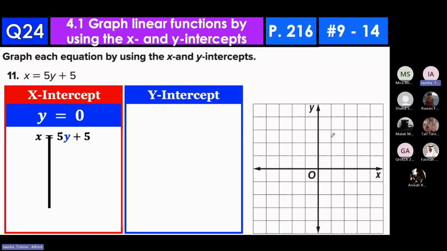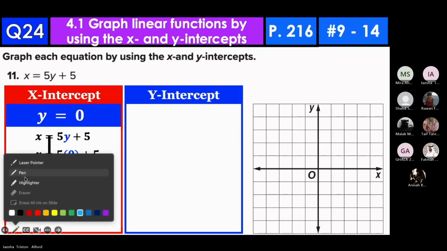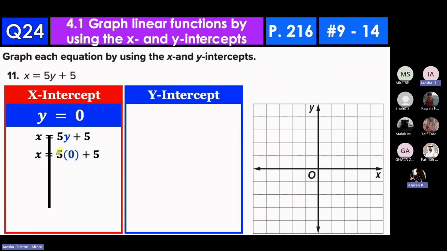You will put parentheses and 0. Then multiply. Positive 5 multiplied by 0 makes what? 0. Now 0 plus 5. Positive 5.